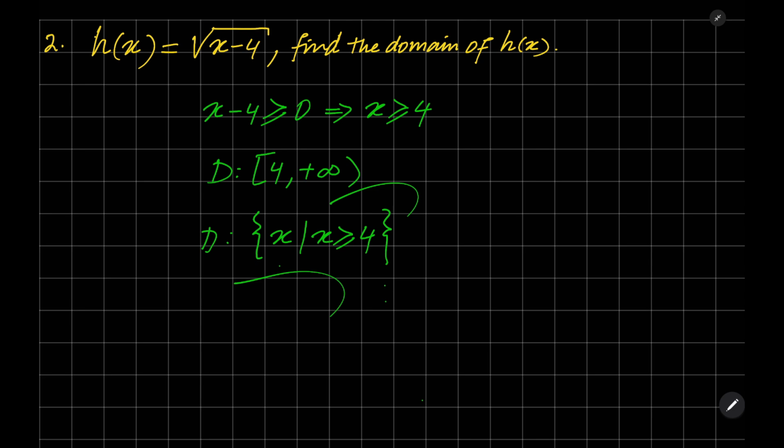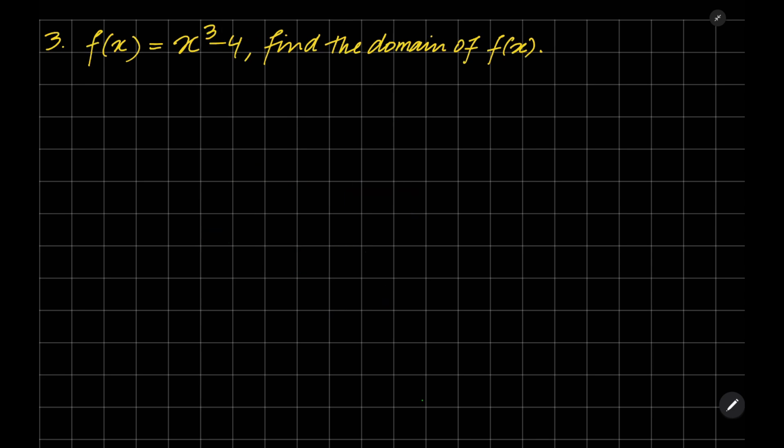Now let's go to the next question. Question 3. f of x is equal to x cubed minus 4. Find the domain of f of x. As you can see, it doesn't have any fractions, square roots, or logarithms.